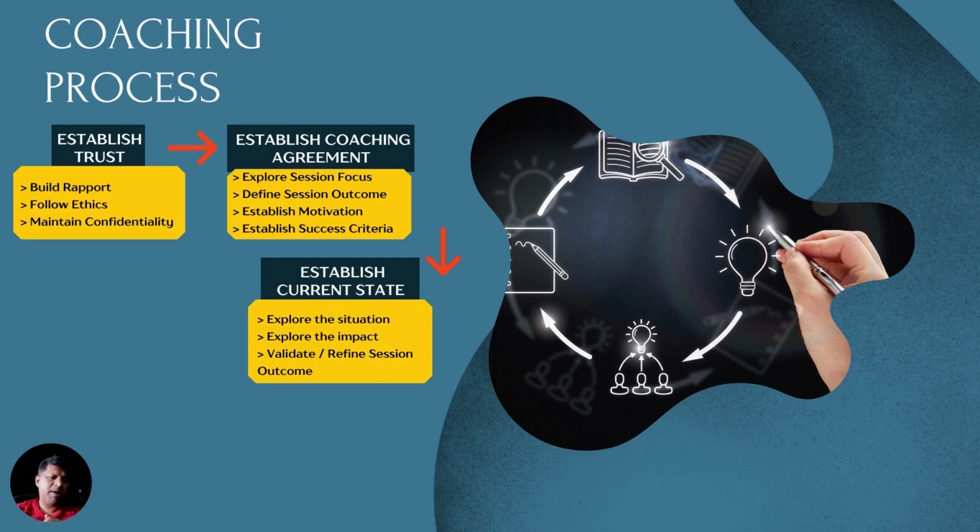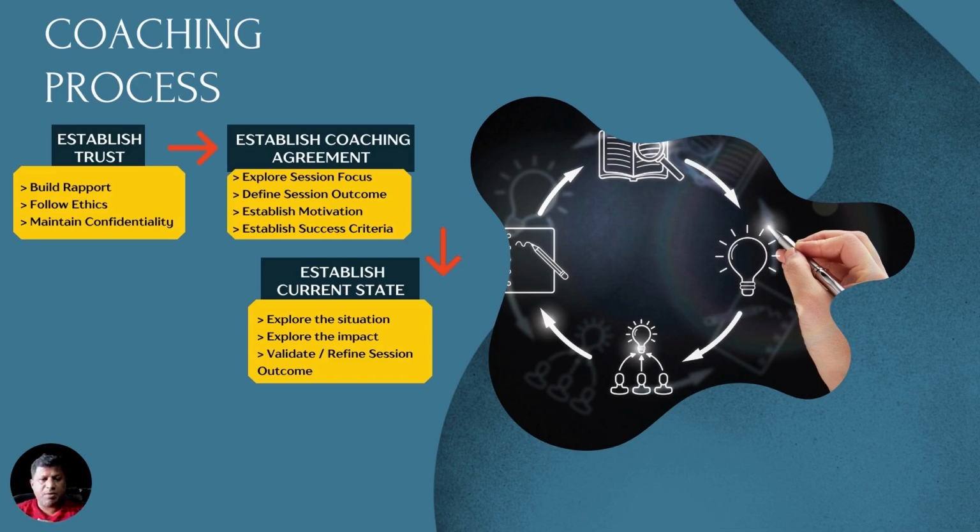This is very important because many times, and most of the times, this is something we have seen, that what the client starts with as a problem statement or something to be addressed in that session is actually not the problem. They are not able to define the problem in the right way, or they are not able to define the true problem.